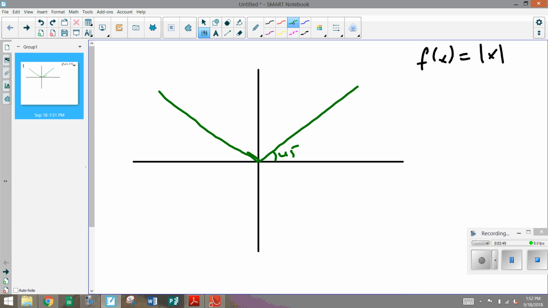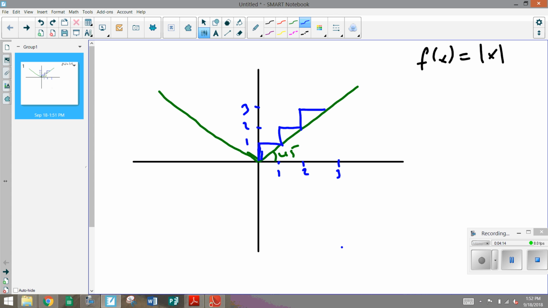What else can I talk about? This is 1, and there is 1, 2, 3, 1, 2, and 3. So that's rise, run, rise, run. What does that remind you of? Slope, right? So what is the slope here?